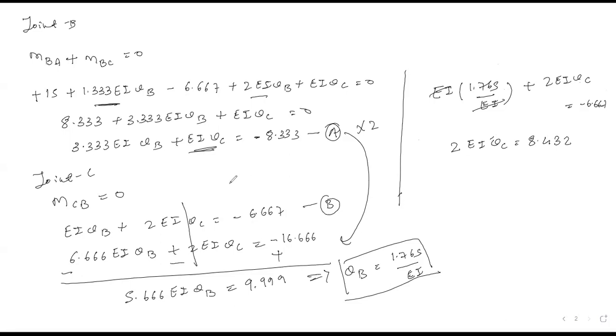Okay. I think something is wrong. 6.667 plus 2 divided by 2. Please check. Please verify this answer, students.